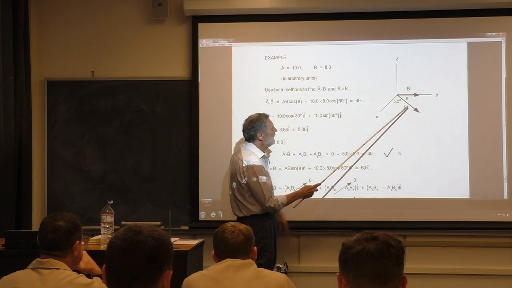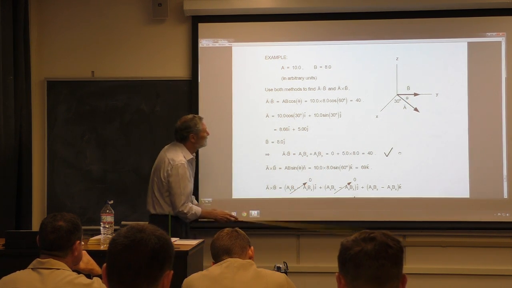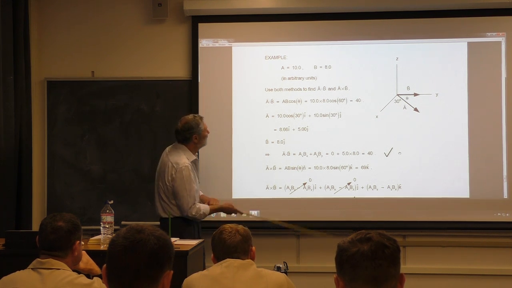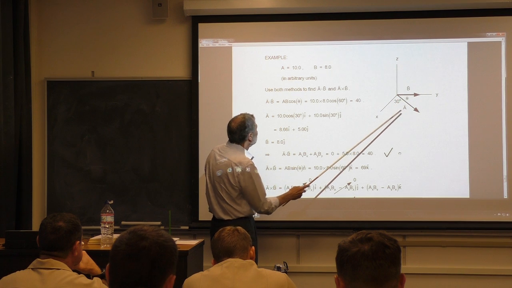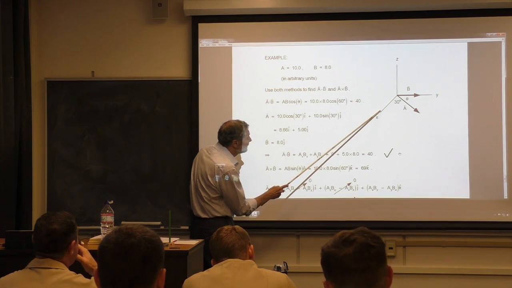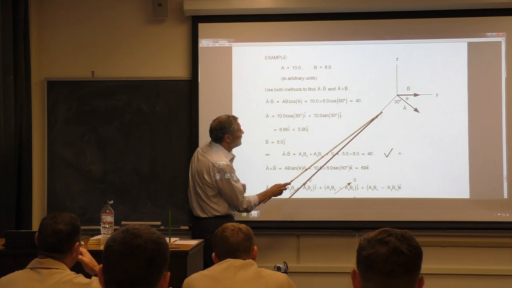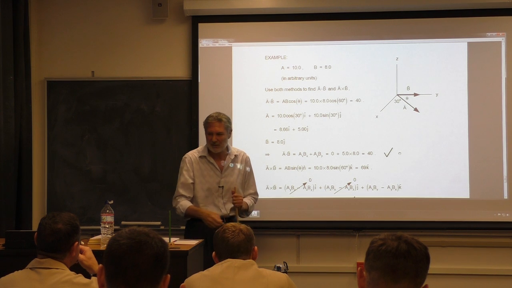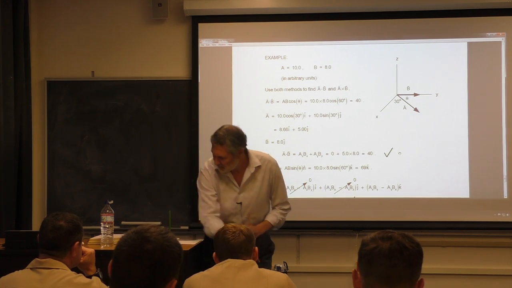It's trivial. A has x and y components. And you can see from the diagram that the x component is going to be the magnitude 10 times the cosine of 30 degrees. That's going to be this component right here. Okay, maybe I should have drawn dashed lines here to make this look more three-dimensional. I'll think about that.